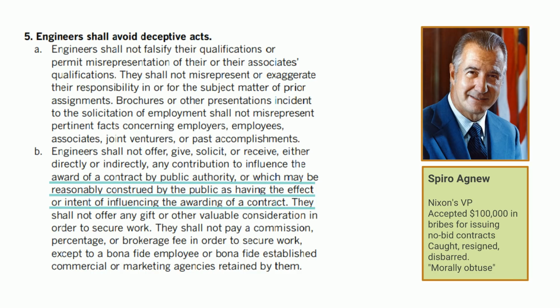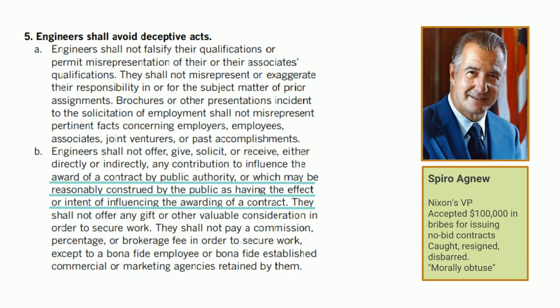Spiro Agnew was discovered having accepted bribes in order to issue contracts through the White House. He was issuing no-bid contracts to his friends in order to make sure that his friends made money, using his privileged position as vice president to Richard Nixon.